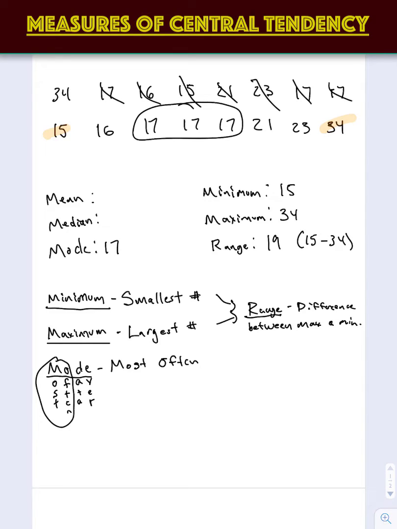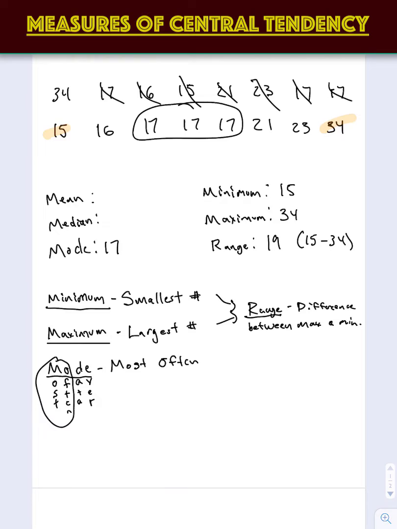Couple things to make sure that we review with mode is if all the numbers occur once, then there is no mode. So if we got rid of these two 17s for a second, there would be no mode, because all the numbers would have occurred once.